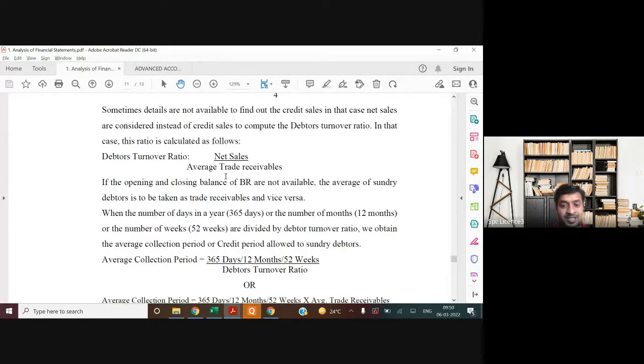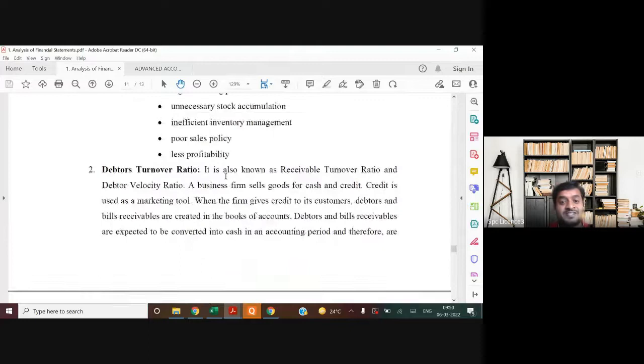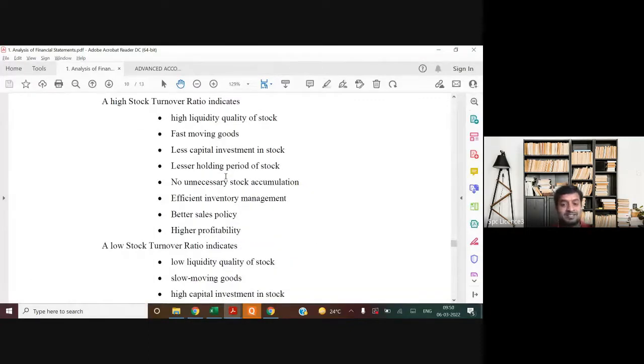In stock turnover ratio, the efficiency of the inventory department is tested. How good is that department, that is tested in stock turnover ratio.